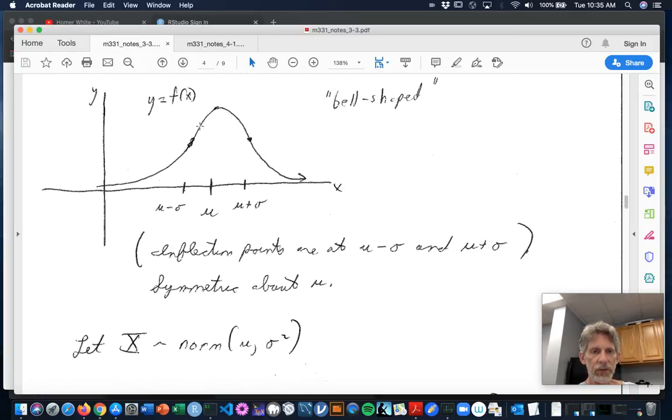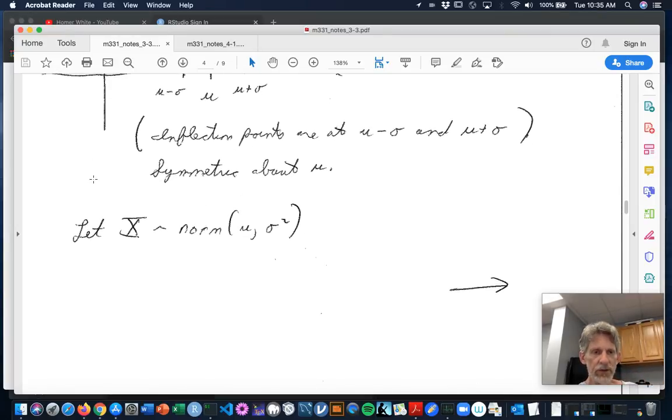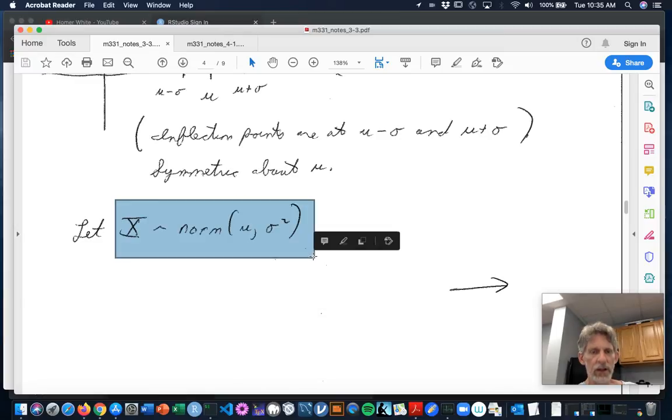And of course, this bell-shaped thing is totally symmetric around that mu value. Okay, so again, we're just introducing this whole new family of probability distributions, one for every choice of a mu and a sigma squared.